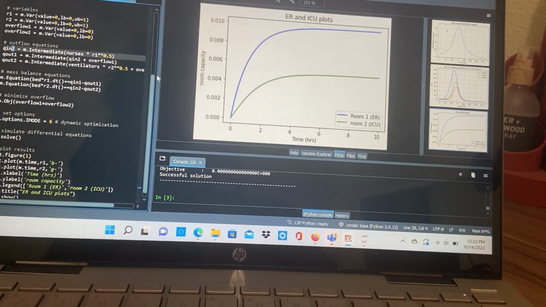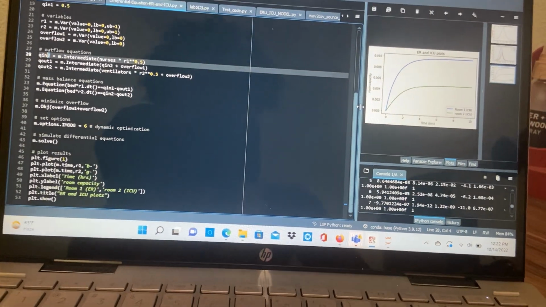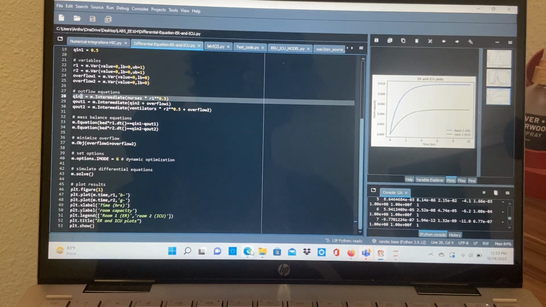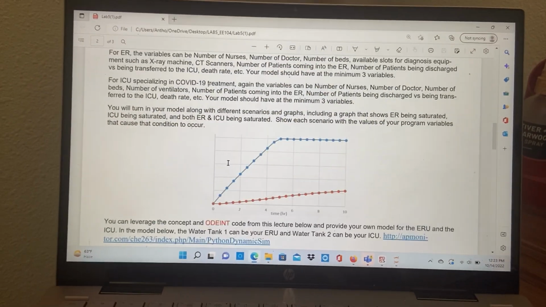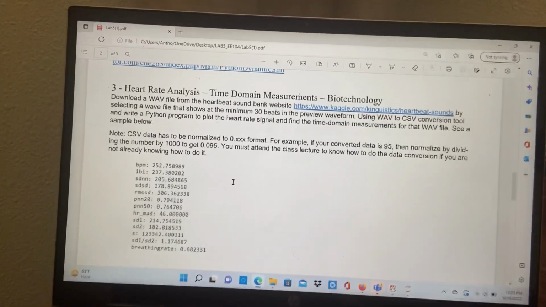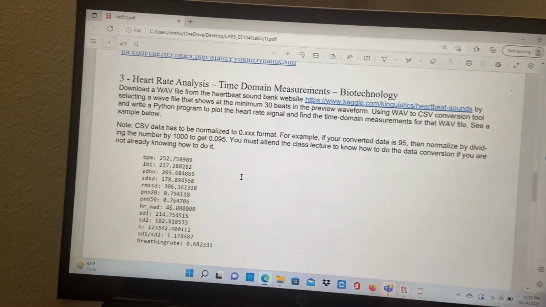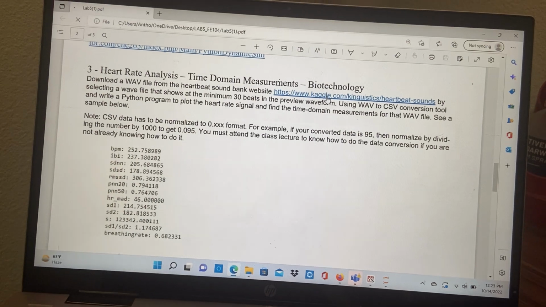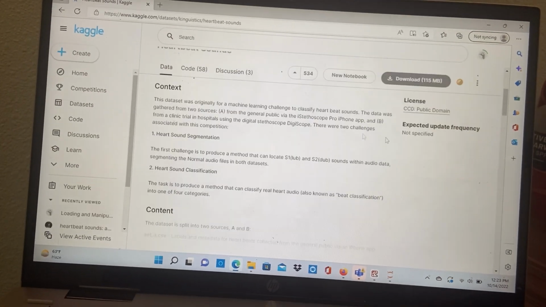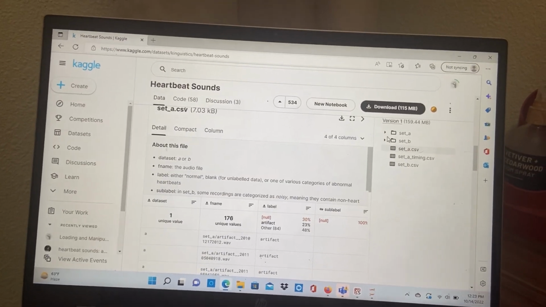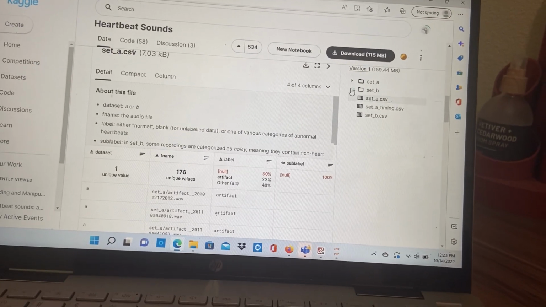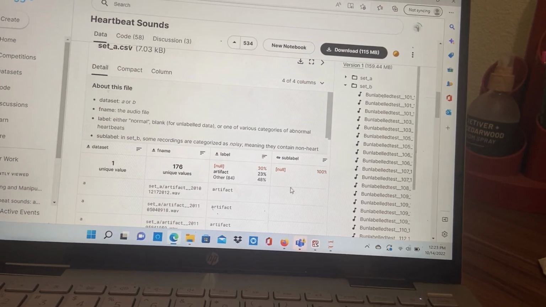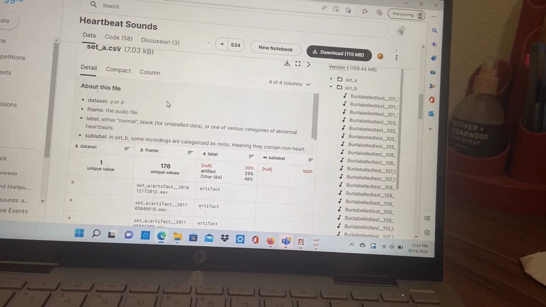Okay, so this is another part of this project, which is the heart rate analysis. We went to this website, where different heart rate scenarios are recorded.